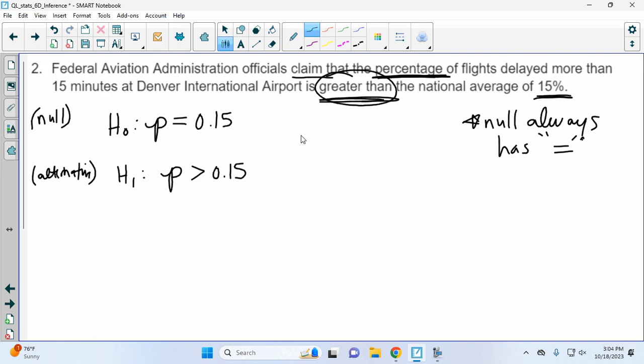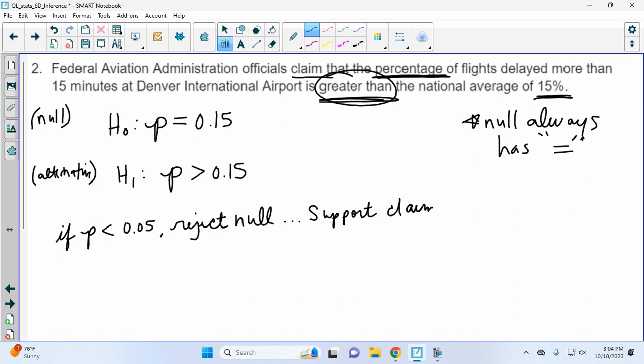And things that could happen if we run the data, which in this class we're not going to actually do: if P is less than 0.05, we reject the null hypothesis, therefore support the claim that the percentage is greater than 15%.